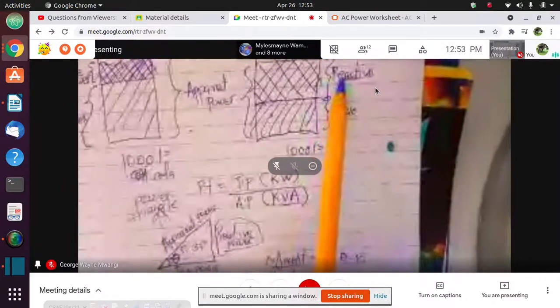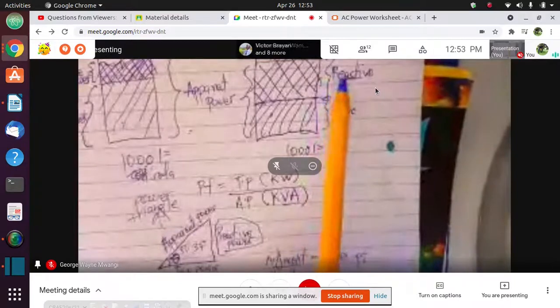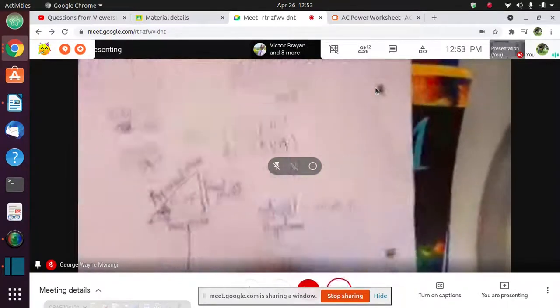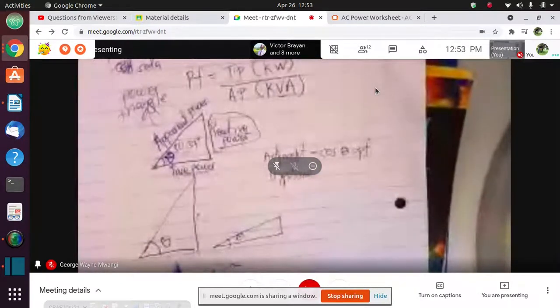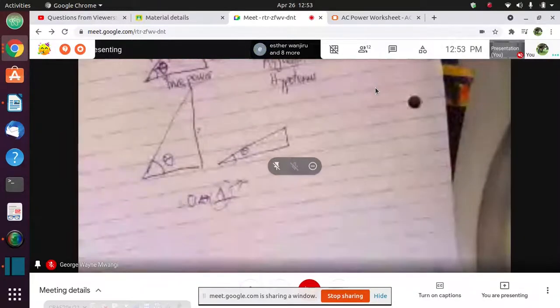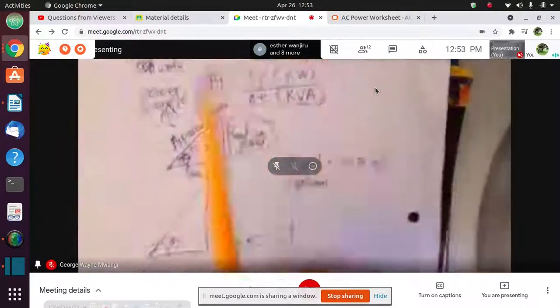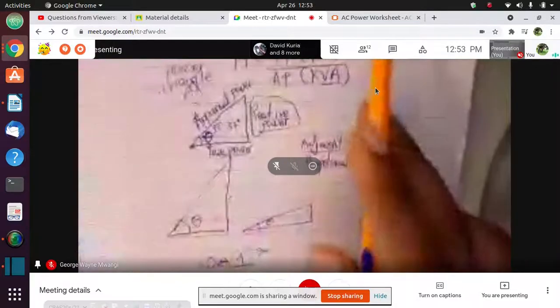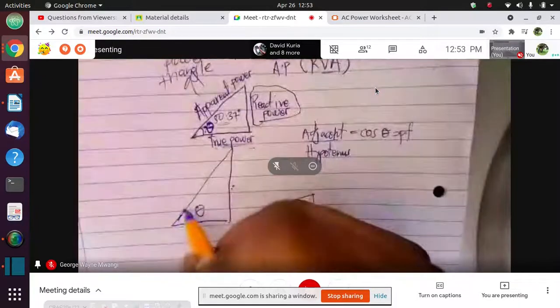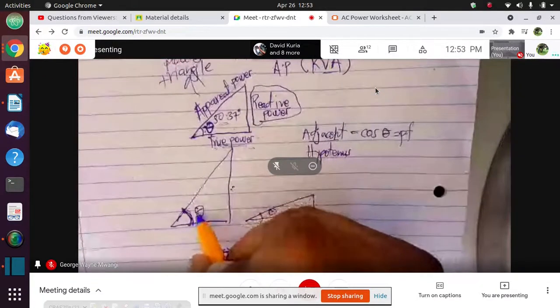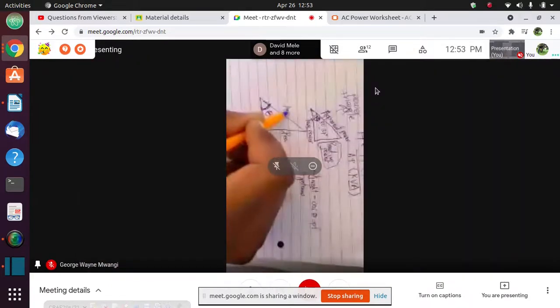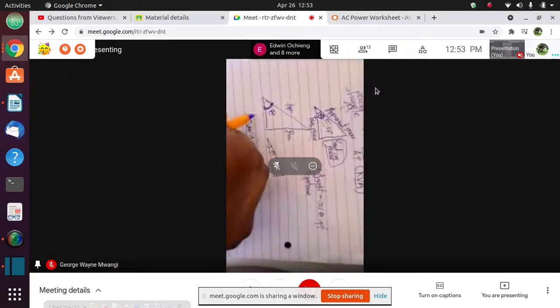The presence of inductive loads in an industry increases the reactive power. So if you have high reactive loads, this means that this angle increases. Sindio, this is reactive, this is apparent, and this is true.